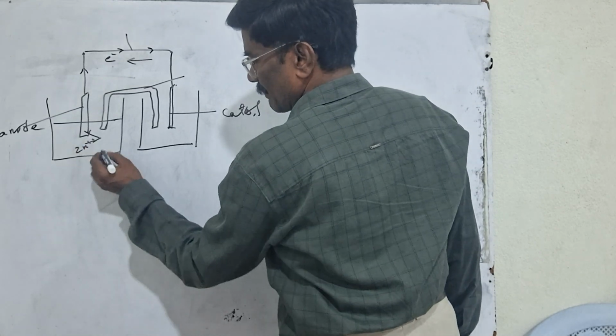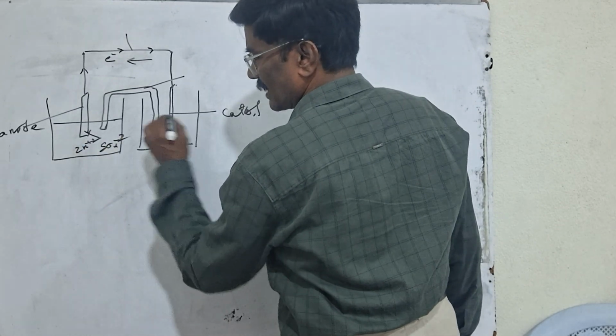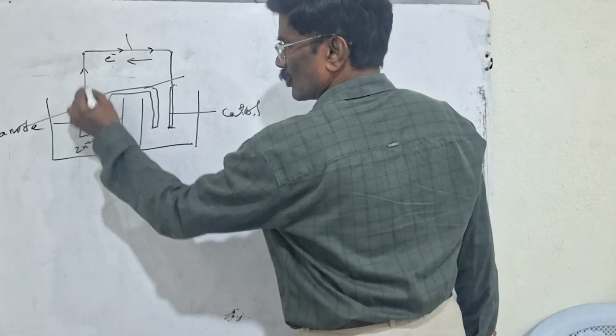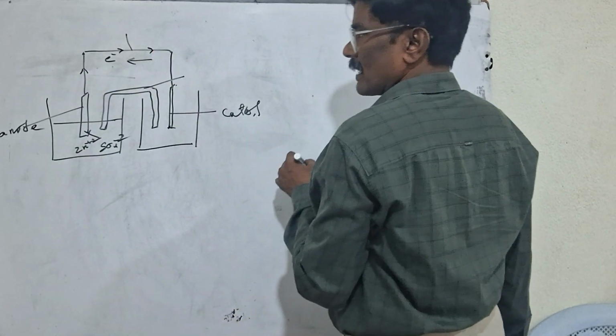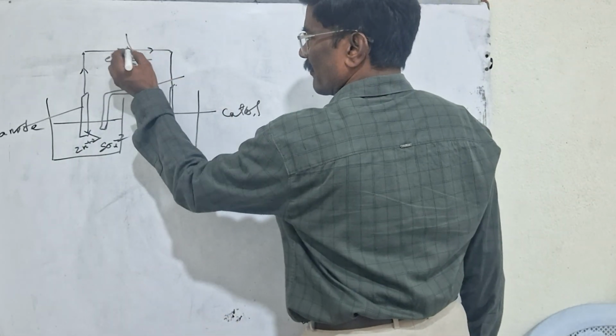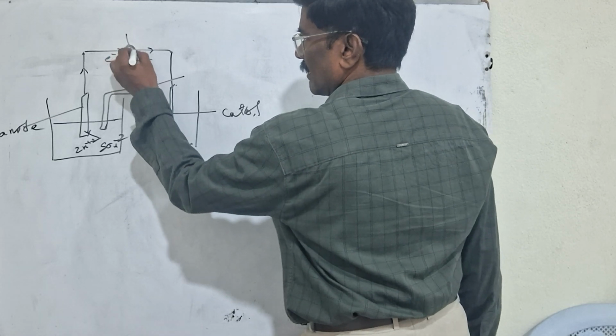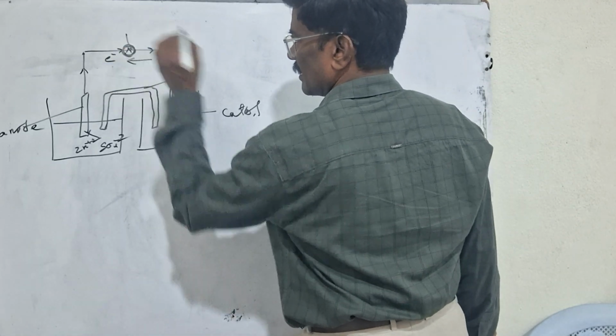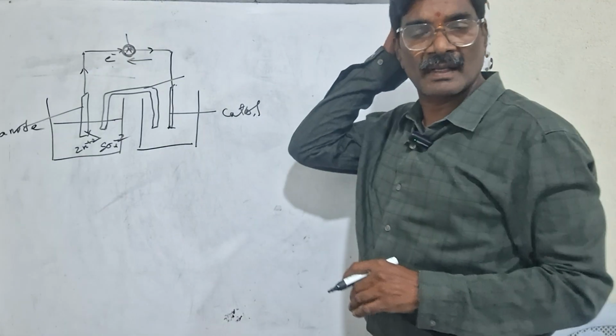The solution always contains Zn2+ ions and SO4 2- ions. Zinc is dissolving, leaving 2 electrons into the circuit. We can identify the direction of electron flow or current by using a meter.